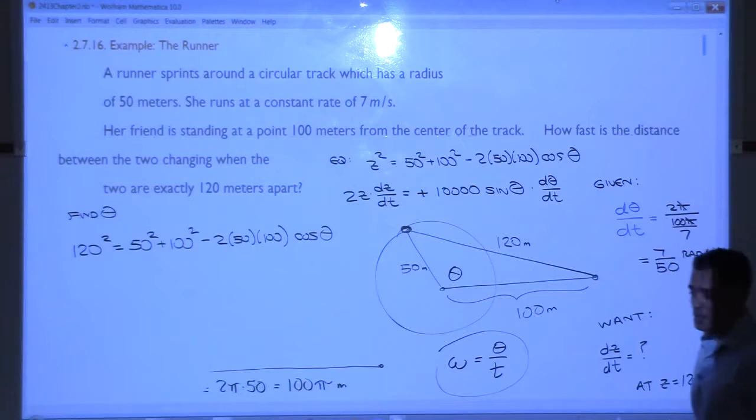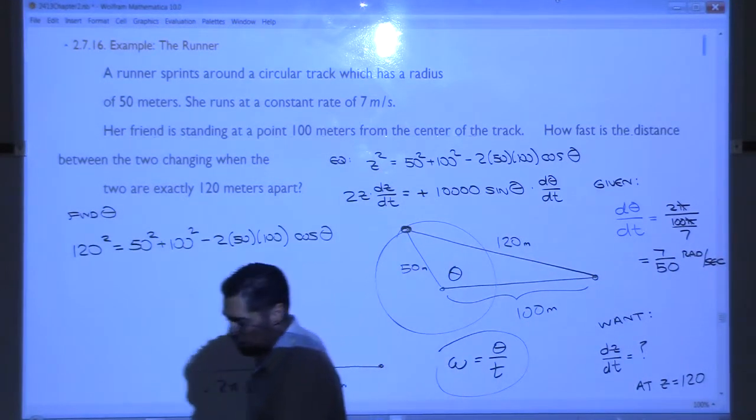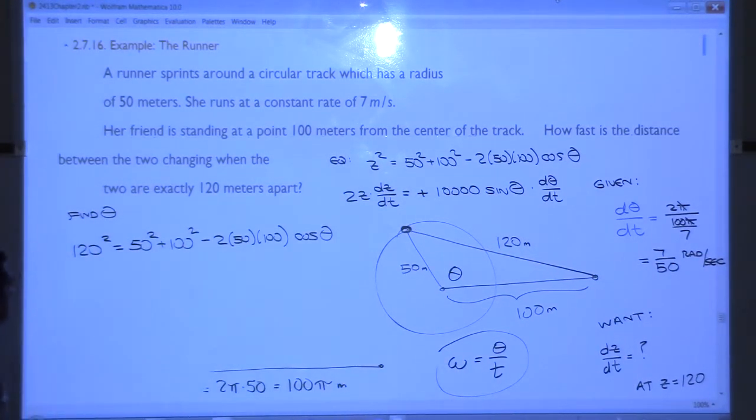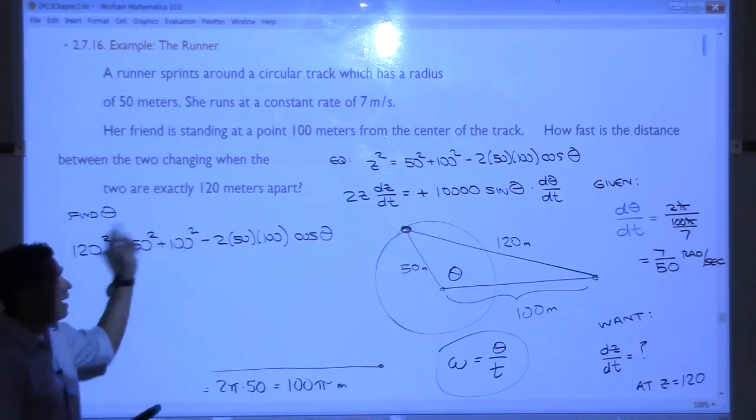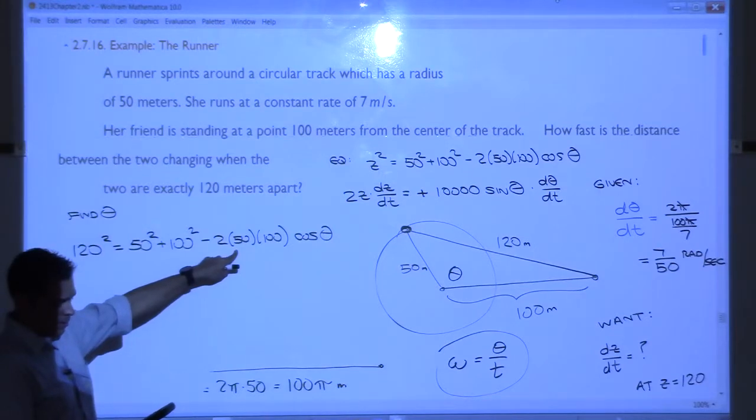These are all numbers except for cosine theta. So we need our calculator here. I'm going to do 120 squared. I'm going to subtract 50 squared, right? And then subtract 100 squared. Y'all follow me or no? And then I'm going to divide both sides by 10,000, or negative 10,000.